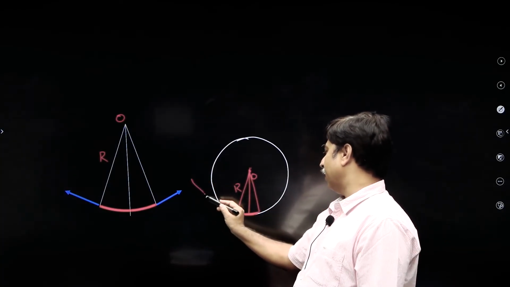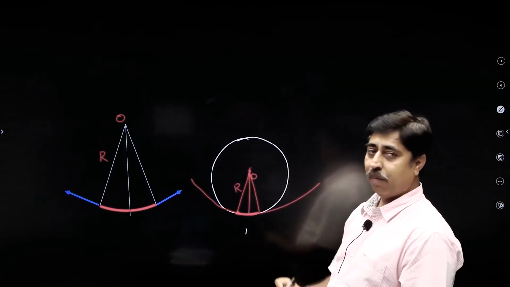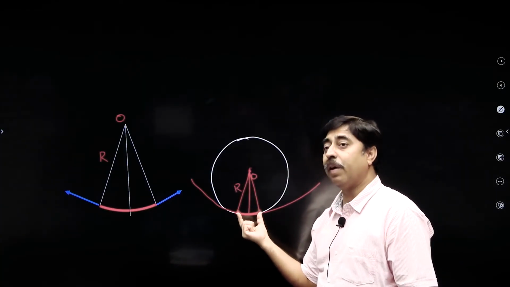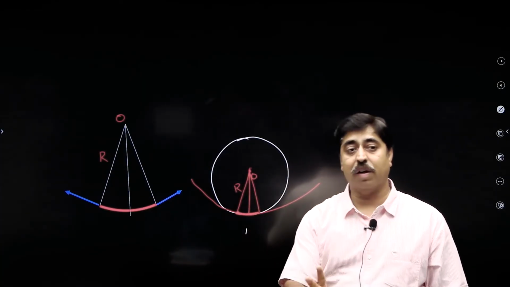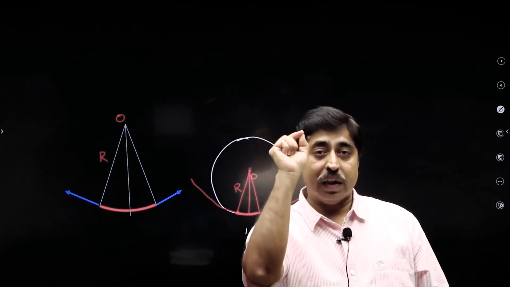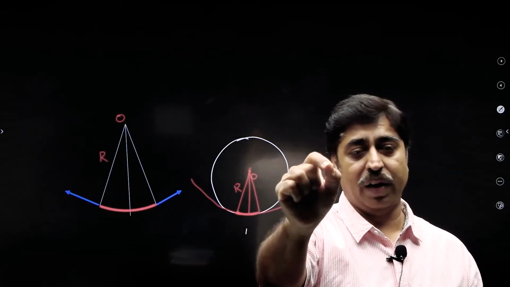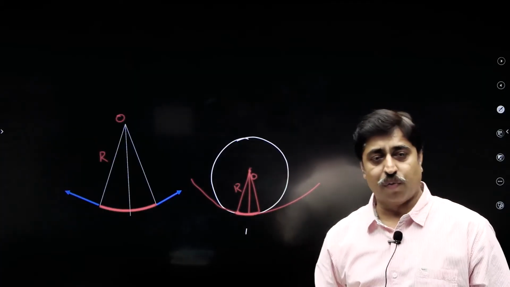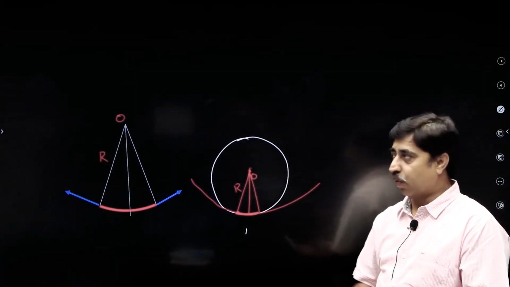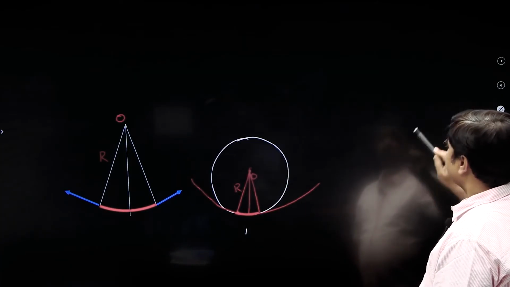Actually, the rope is like this, but a small segment of the rope can be considered to be part of a circle of radius r, and the radius of this circle is known as the radius of curvature. So, we are supposed to find this radius r.